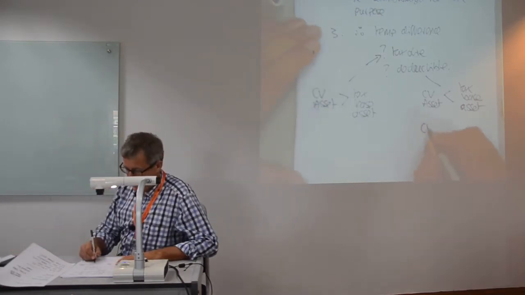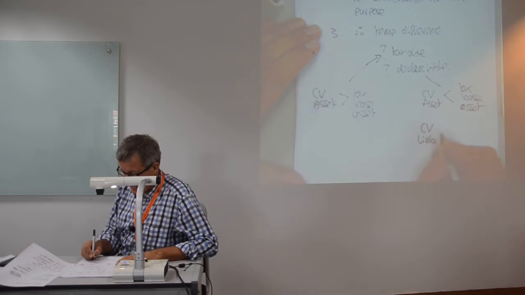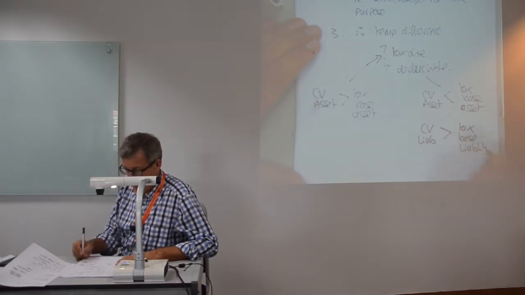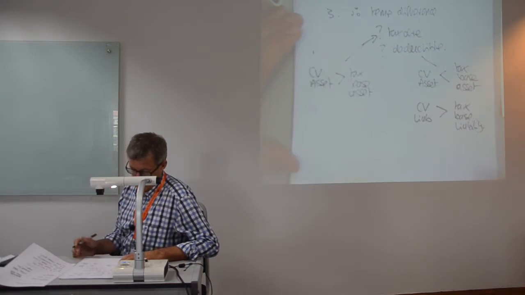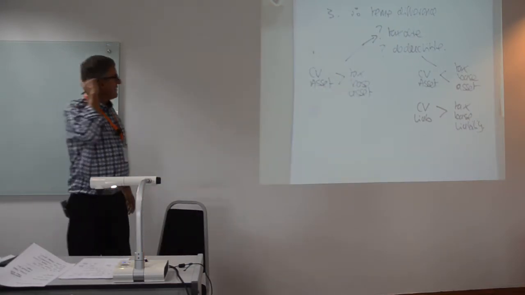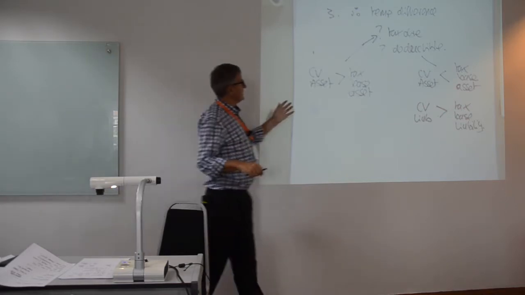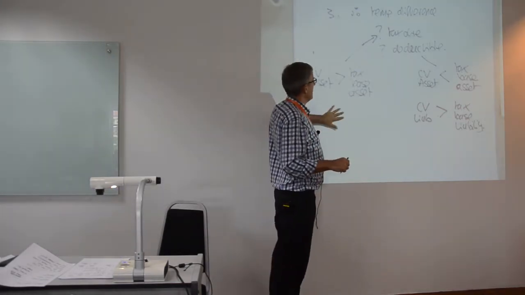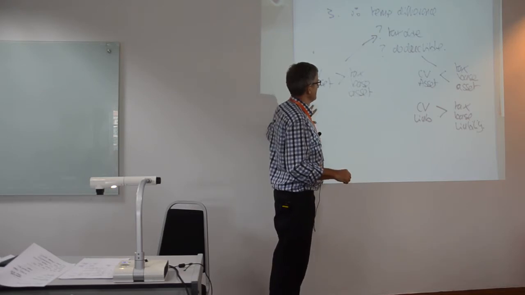If the carrying value of a liability exceeds the tax base of the liability, then it is going to be deductible. Presumably you could have a carrying value of a liability that is taxable, but I'm not aware of any examples. I know it would be symmetrical for me to add something in here.